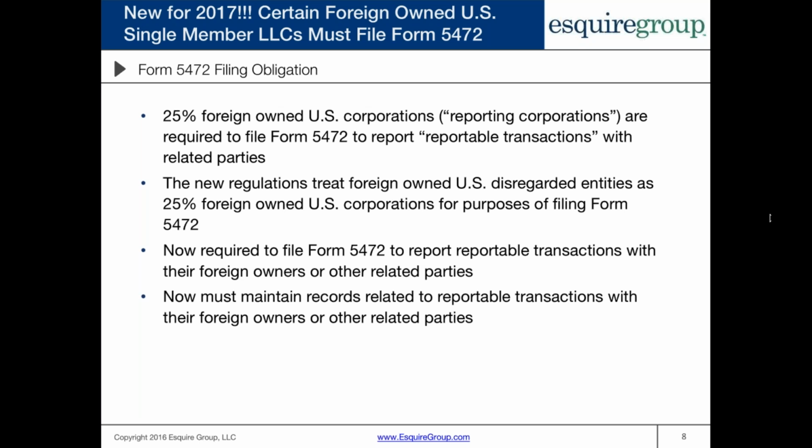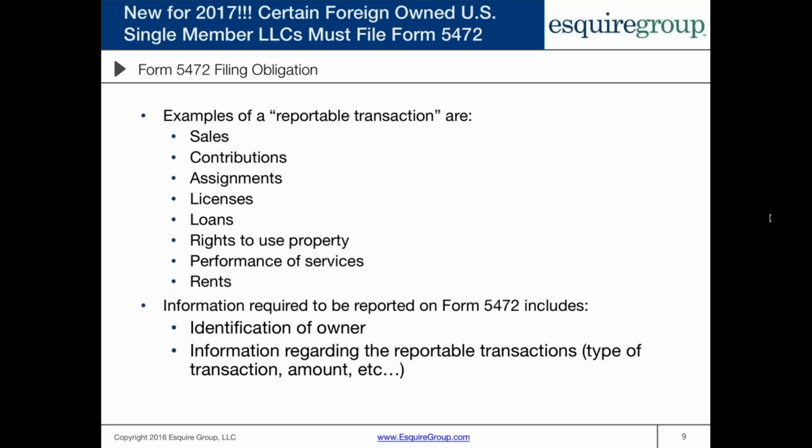And since they're now treated as U.S. corporations for the sole purpose of filing this Form 5472, foreign-owned U.S. disregarded entities, essentially United States LLCs that have accepted their default classification as disregarded entities, will be required to file Form 5472 to report reportable transactions with related parties. They'll also be required to maintain records related to the reportable transactions with their foreign owners and related parties in order to be able to give the IRS that information should they request it.